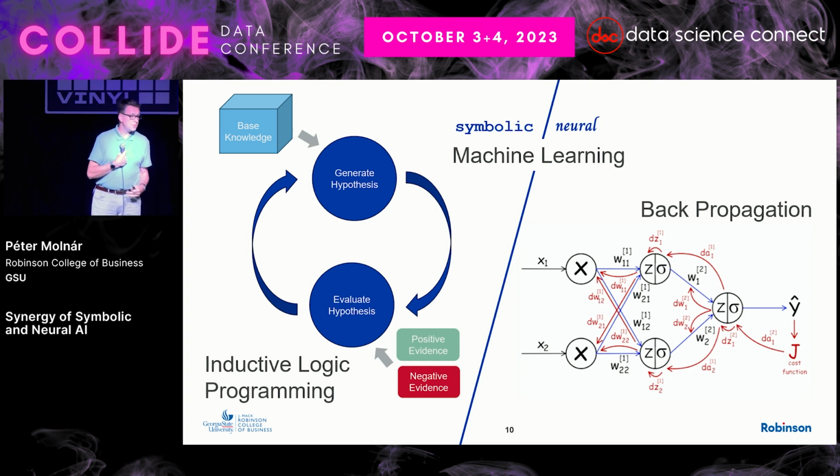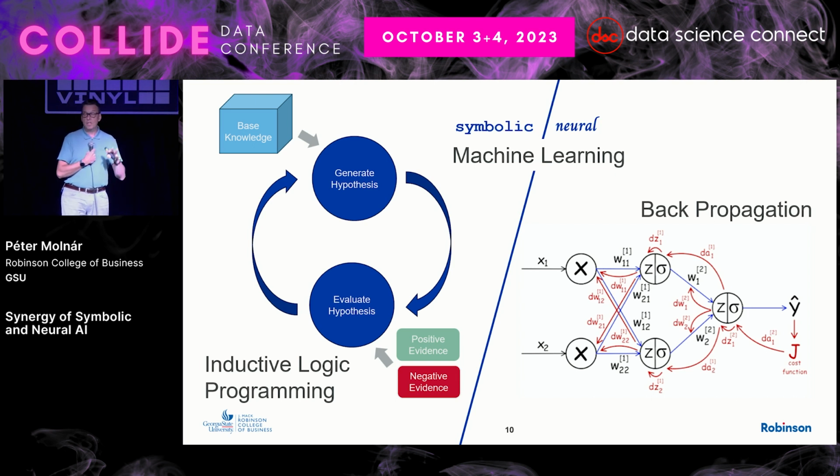But just to stay a little bit longer on symbolic versus neural, there's still machine learning, or learning from data. For neural networks, that is basically the backpropagation algorithm: we compute an error and backpropagate the weights.